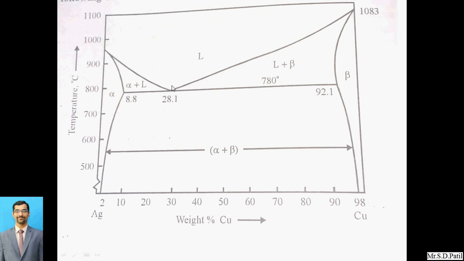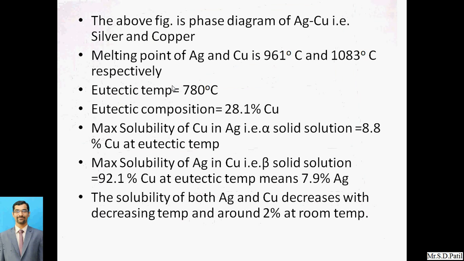So at 780 degrees Celsius, both the metals start separating out from liquid to solid. So two solid phases, that is solid of Ag and solid of Cu, you will get with this particular diagram. Now we will just go further with the stages.